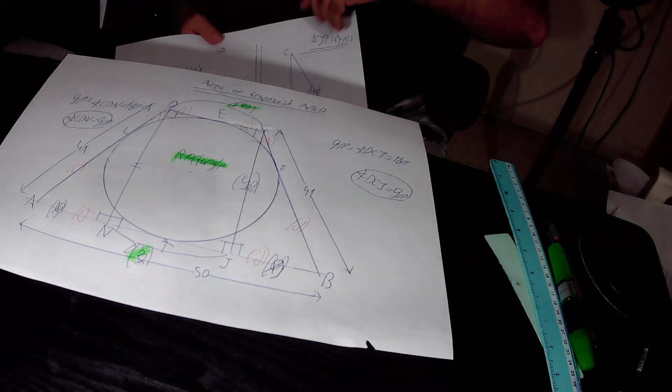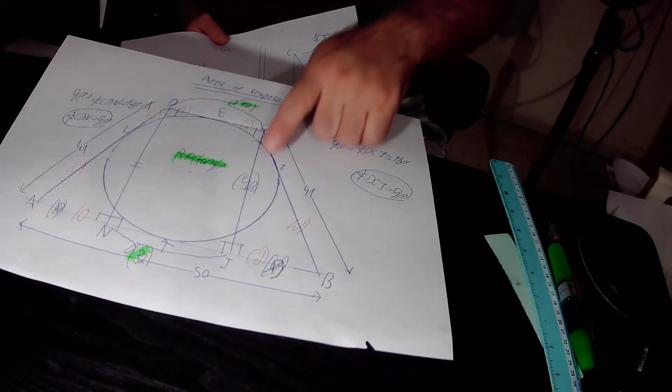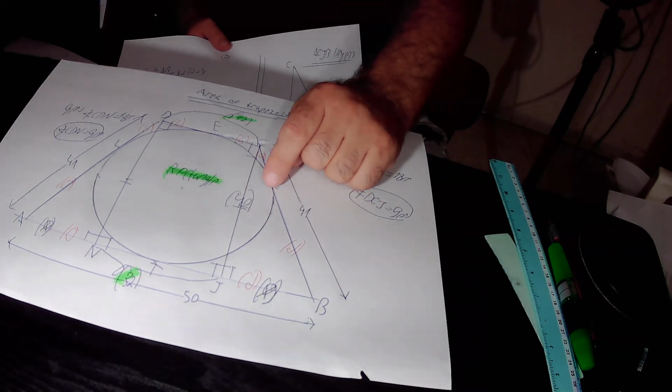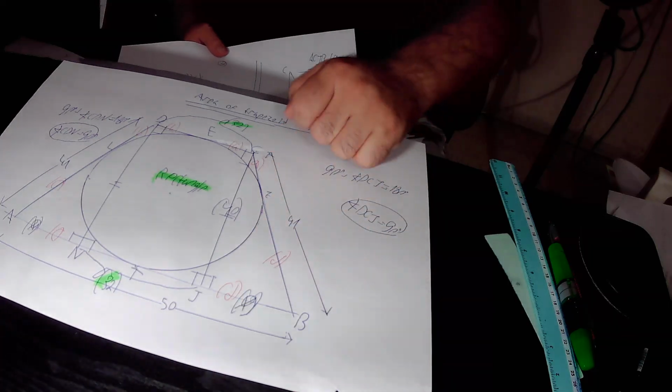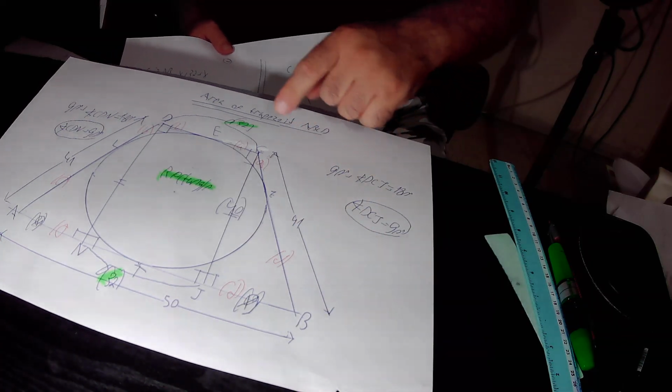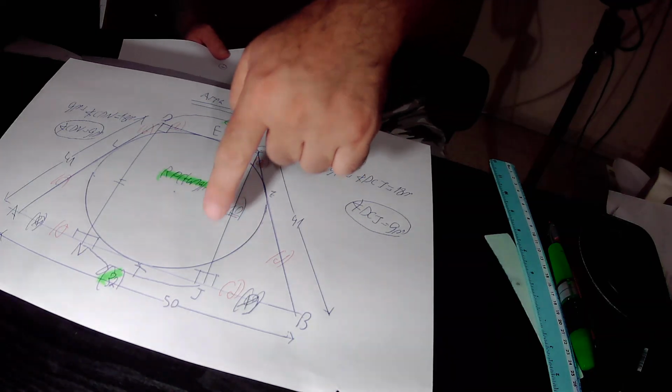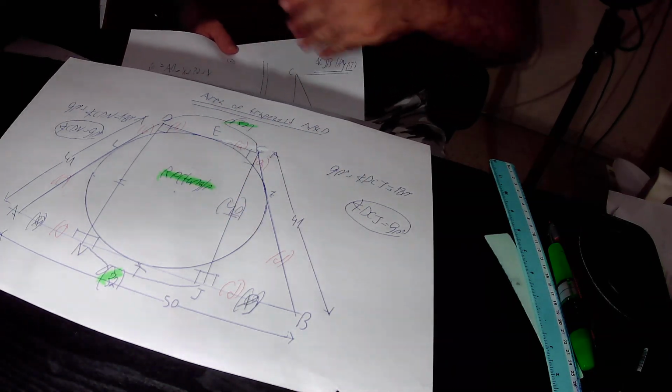So this is the missing side CJ, which equals 40 units in length. CJ is the height of trapezoid ABCD. Again, CJ is the height of trapezoid ABCD. Why? Because it creates 90 degrees with the base DC and 90 degrees with the base AB. Therefore, CJ is the height.